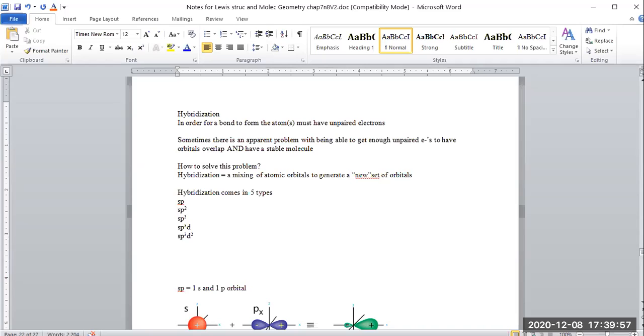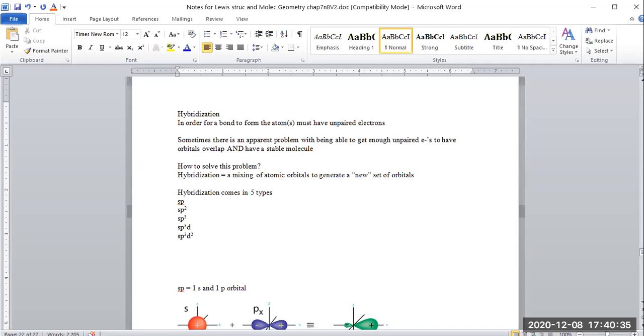But if you go back and look at the electronic configurations for some of the more common elements, things like carbon and oxygen and hydrogen, some of them have unpaired electrons and some of them don't. So we need a way to generate the unpaired electrons and not have the molecule fall apart. A stable molecule is actually a pretty important part.